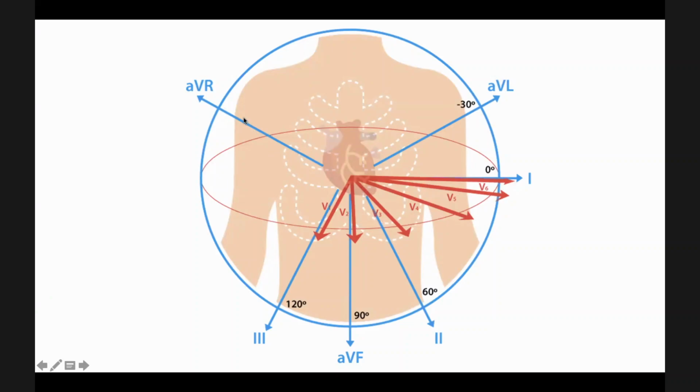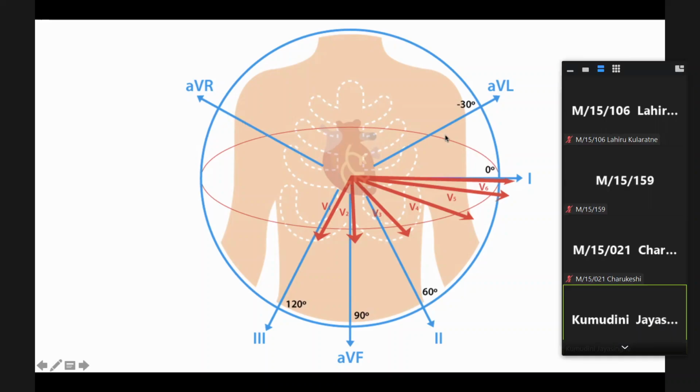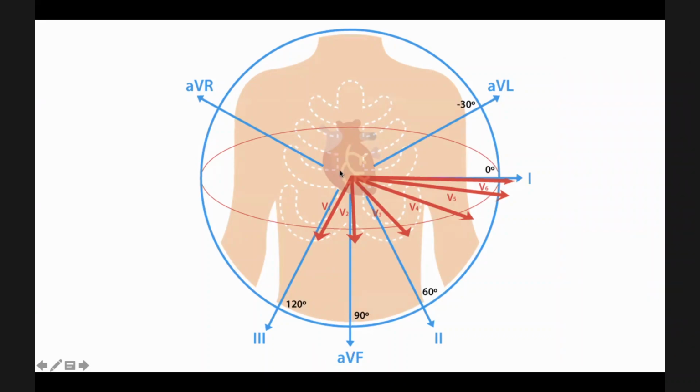These are the limb leads, because again there are 6 limb leads: AVR, AVL, AVF and so on.